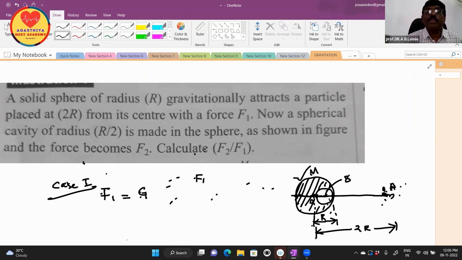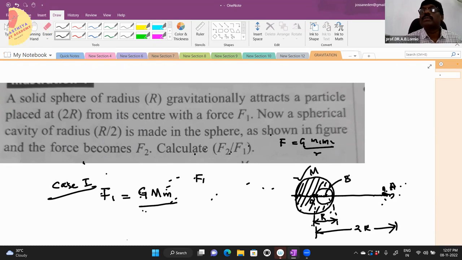What is the m here? Capital M, that is the mass of the sphere. Another mass is the particle which is placed at a distance 2r. According to the equation, G m1 m2 divided by r squared. I will write the formula: F is equal to G m1 m2 divided by r squared.